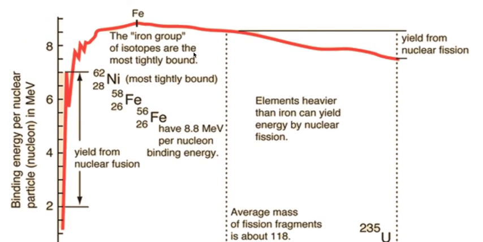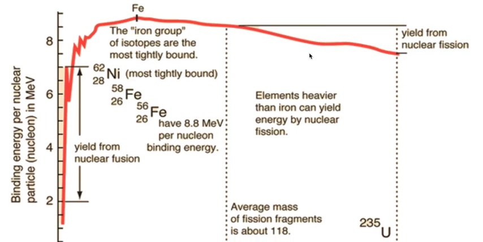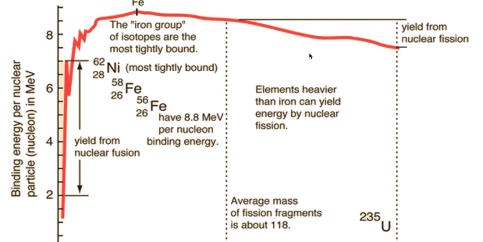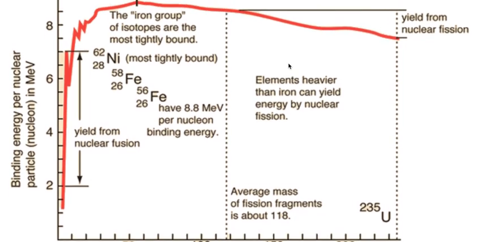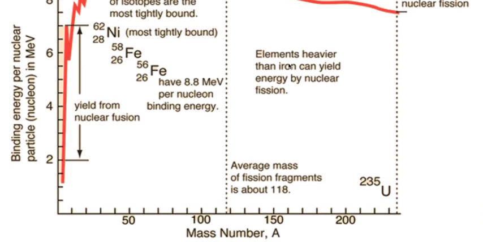Everything after iron, these are very large atoms, and what they're going to do to seek stability is split, or fission. That's what fission means, when a big atom splits into two smaller elements. So kind of interesting there, and it's something that we will make use of later on.